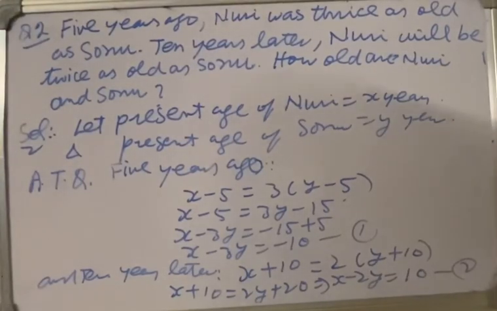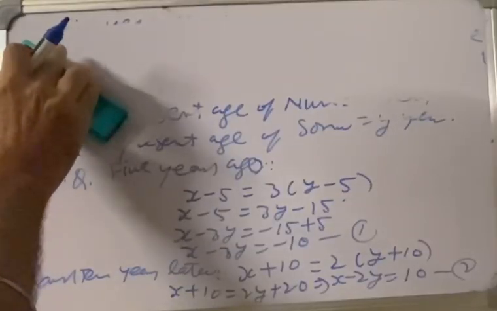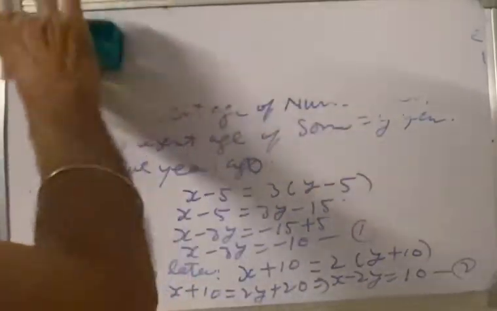Now we shall solve the first and second equation. You know that the coefficients of x are the same. The coefficient of x in the first equation is 1 and the coefficient of x in the second equation is also 1. So we need not multiply by anything. Just subtract the first from the second equation.